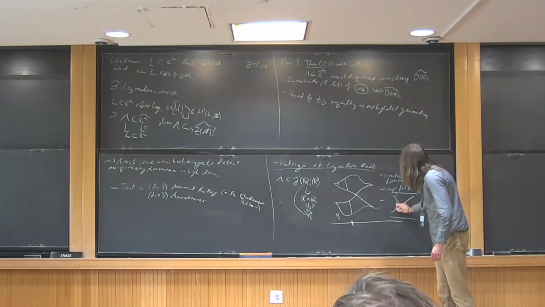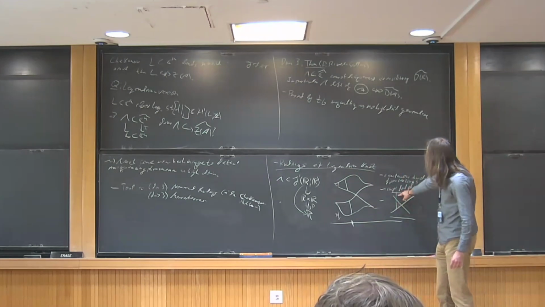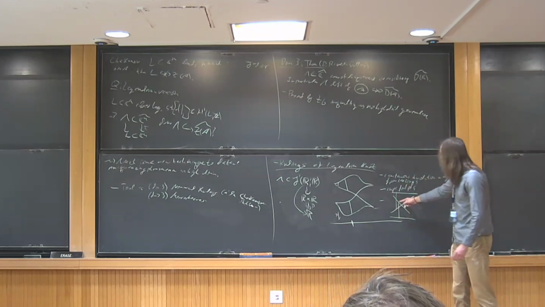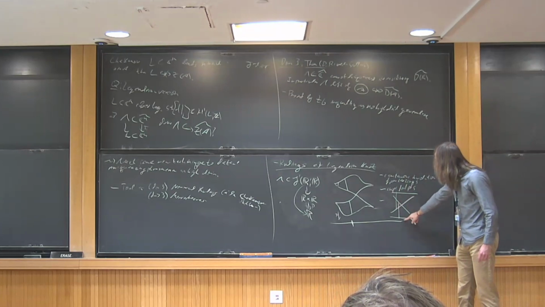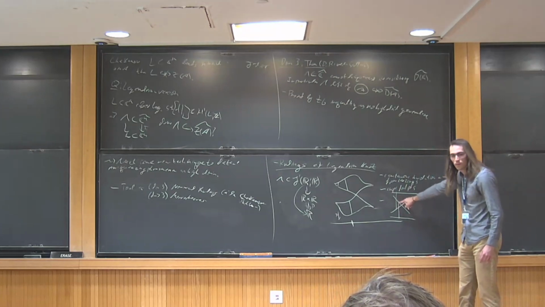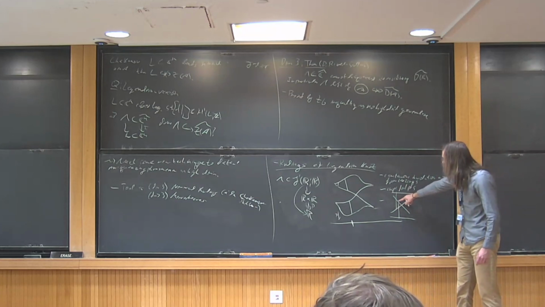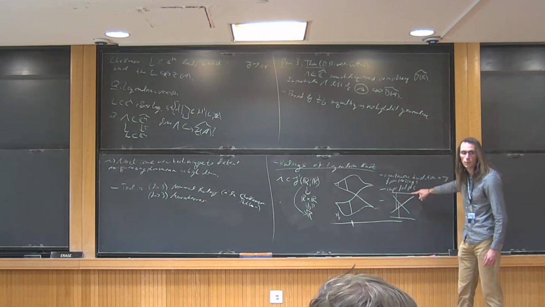So maybe I'm now in a situation like this. I have some strand up here, like this. There are two things that can happen. You could imagine this bottom strand continues to be paired with the smooth continuation of the strand it's already matched with, or it could bounce off of this crossing and switch to the other one.